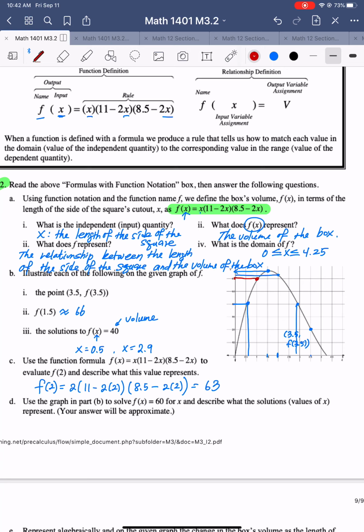So this point and this point. If you look at that, x is about 1, or you can go further. There's another x between 2 and 2.5, so I want to say about 2.2.